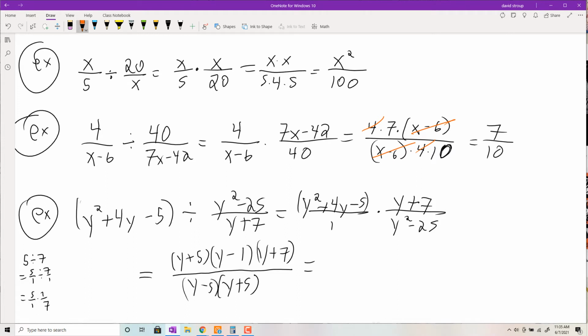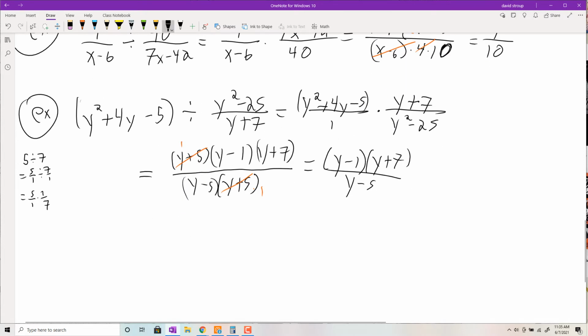So it looks like only the y plus 5 will be eliminated, leaving me with y minus 1 times y plus 7 all over y minus 5. Okay. And I'm fine with you leaving the numerator like that on a test. I'm pretty sure WebAssign is okay with it too. You don't have to FOIL that numerator back out.